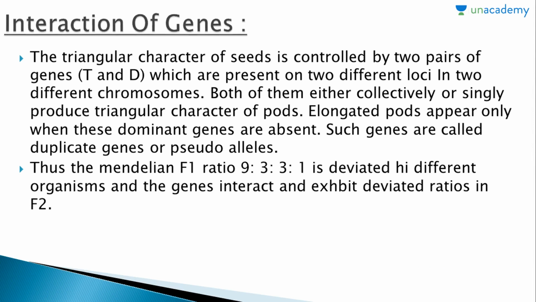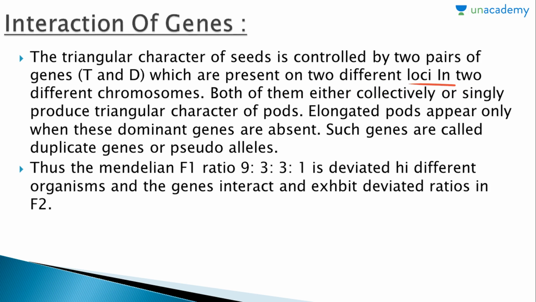Now the triangular character of the seed is controlled by two pairs of genes, capital T and capital D, which are present on two different loci. Remember that they are on two different loci. It is not the case of dominant or recessive. In the dominant or recessive case, the genes were present on the same locus, but in this case, these genes are present on different loci in two different chromosomes.